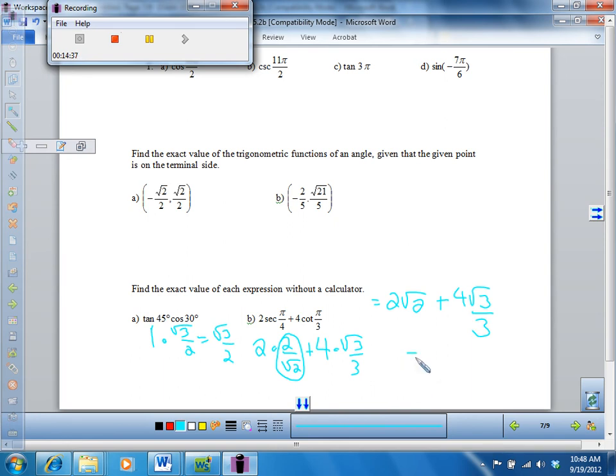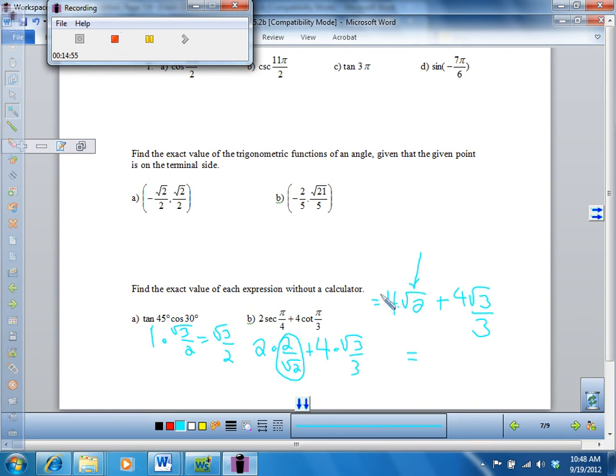Yes, it would be 4 root of 2. That's what I just did. There's a secant of pi over 4 right there.